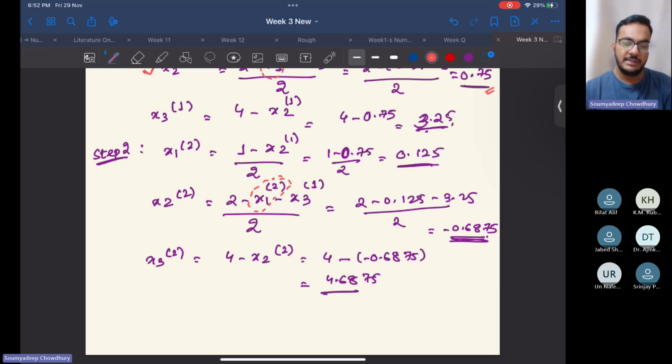Basically we will see that in the Gauss-Seidel method, since we are using the most currently updated value of x at every step, it will take fewer iterations to complete than the Jacobi method. The Jacobi method will take more steps or more iterations to approach the exact solution. So we'll see that.